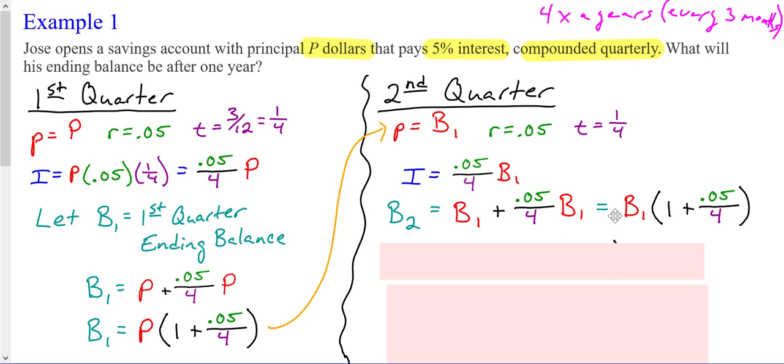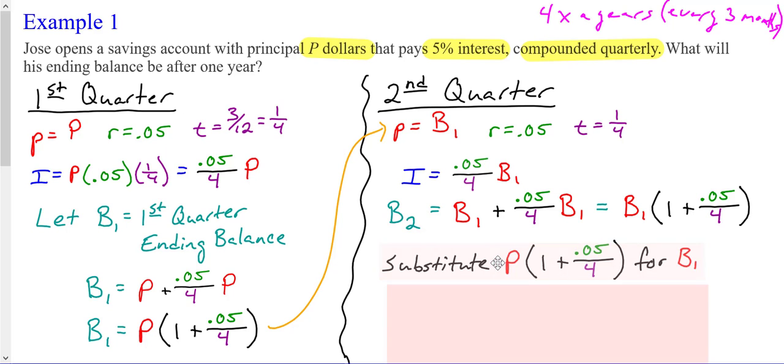And it's going to equal, because once again, like we pulled the P out before, this time we can pull out our B1. And we have B1 times 1 plus 0.05 divided by 4. We used our distributive property again. So now we want to substitute P times 1 plus 0.05 divided by 4 for B1.